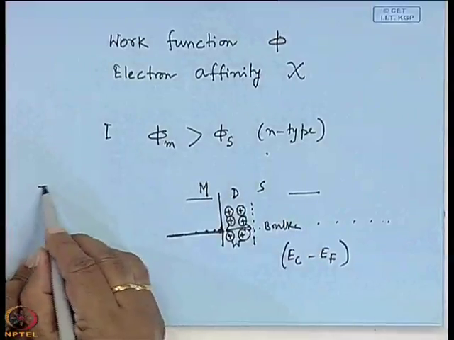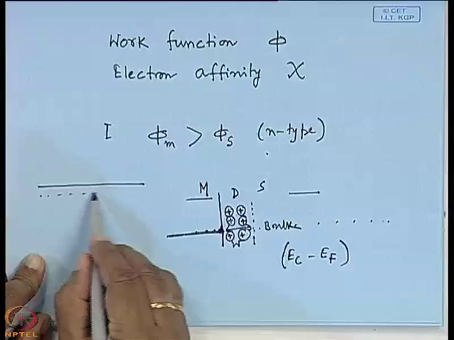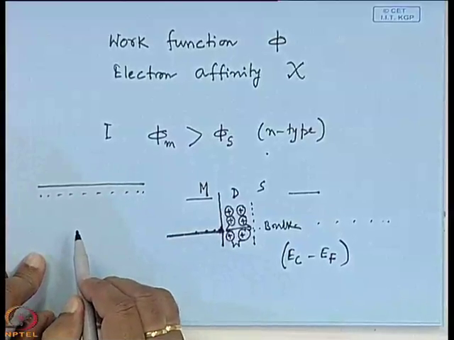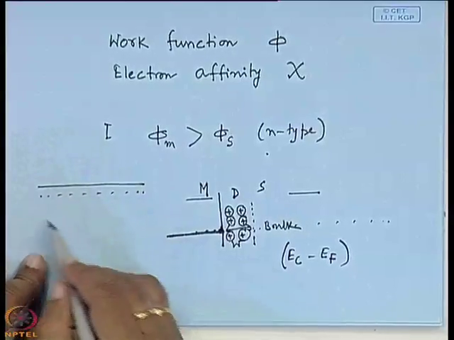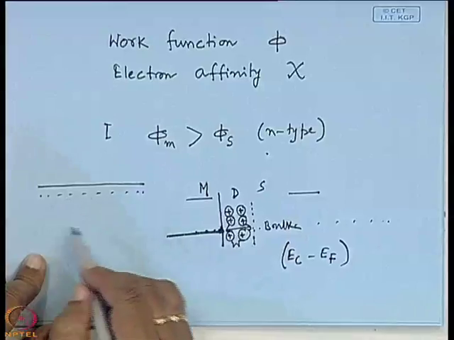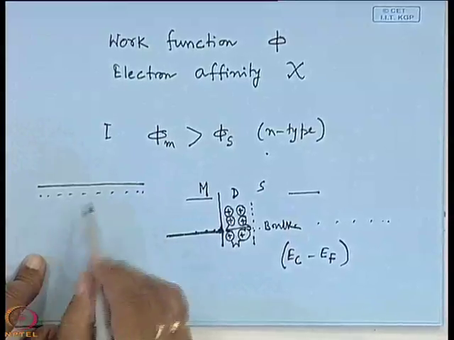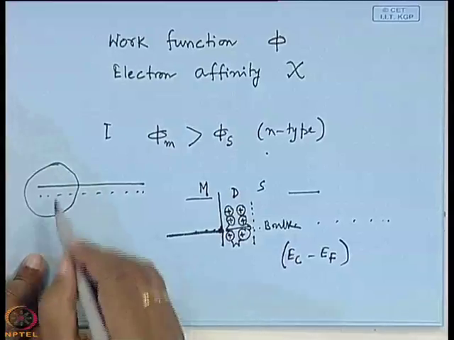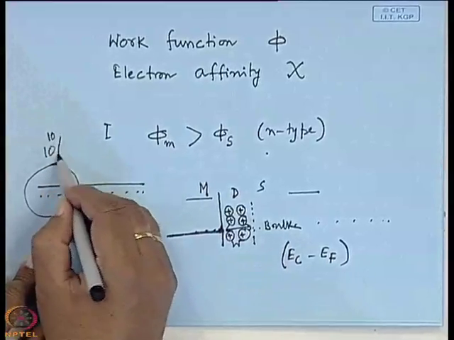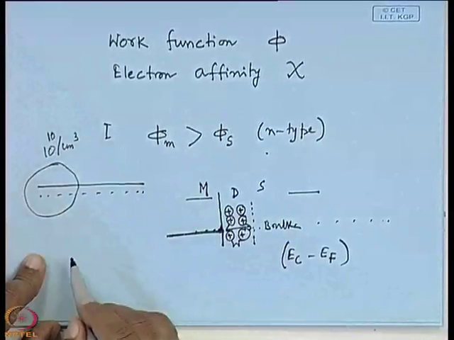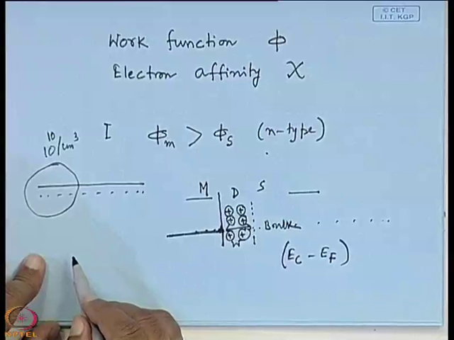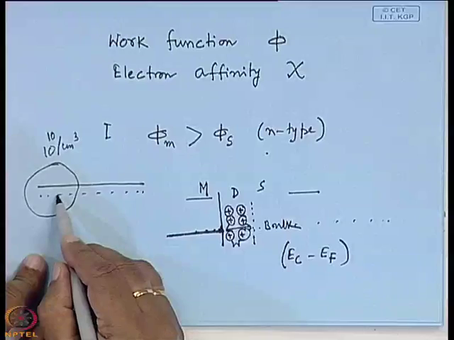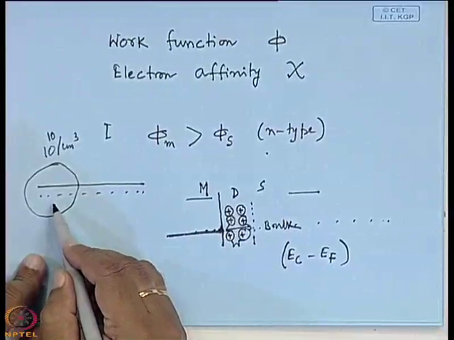Because you see that this is E c, this is E f, when there is a uniform carrier concentration of say 10 to the power 17 per centimeter cube. But if in this region it is 10 to the power 10 per centimeter cube, then what you expect? That this Fermi level will be far away from the conduction band edge, right.